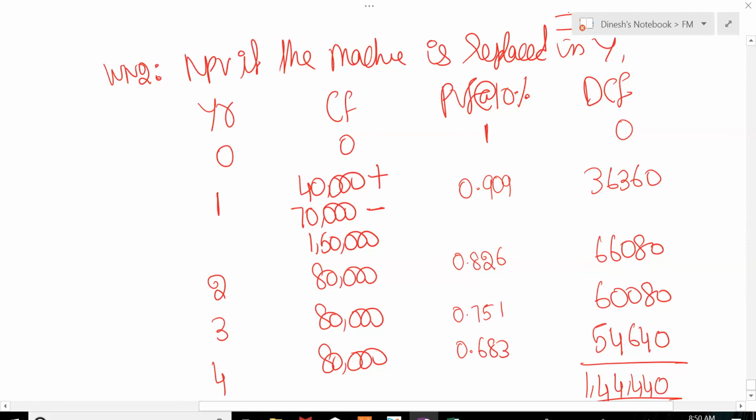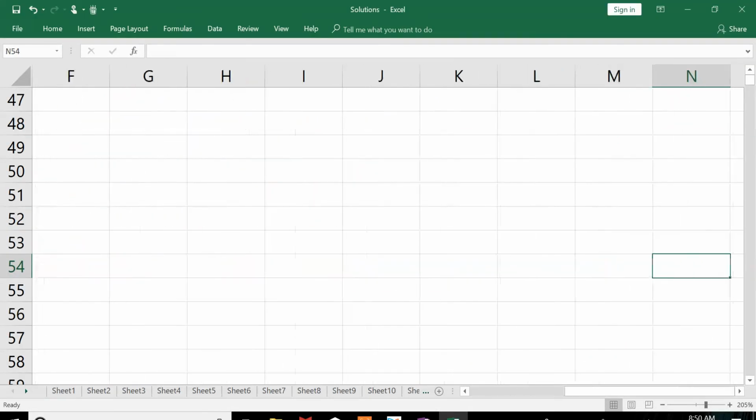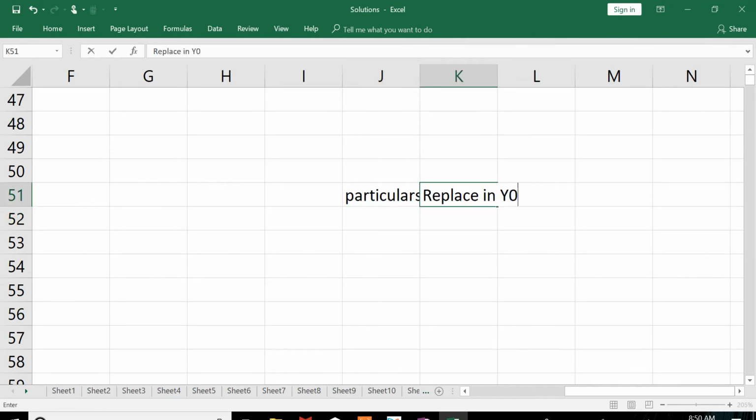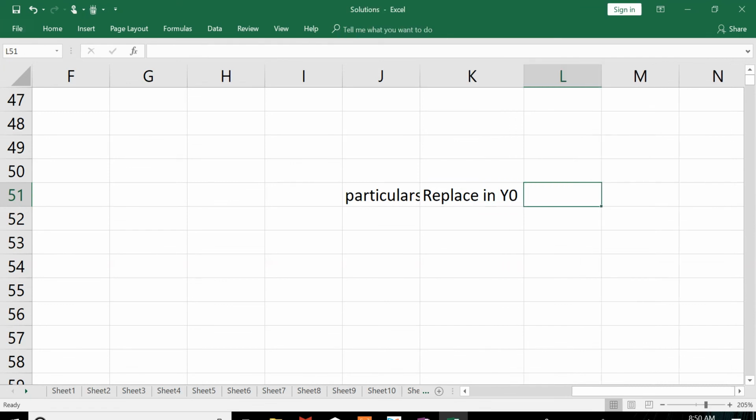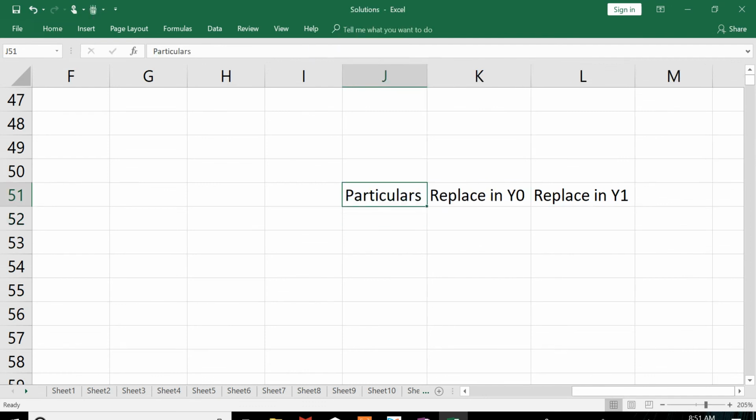So next working note, calculation of EAB. Particulars: replace in year 0, replace in year 1. Starting point is NPV.